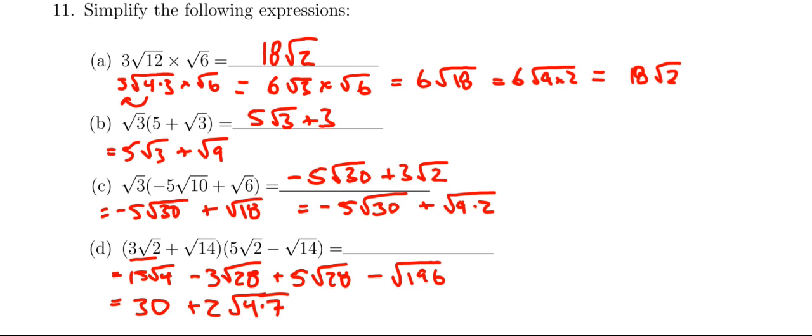And I know that 4 has a nice square root. And then over here, that root 196, well, I know that that's going to be 14. In order to get the 196, I multiplied 14 by 14. So now when I put that all together, 30 minus 14 is going to be 16. And if I pull the 2 out of there because of that root 4, that's going to be 4 root 7 left over.